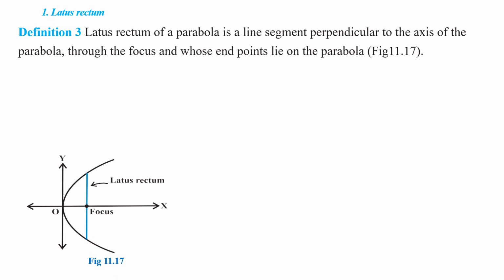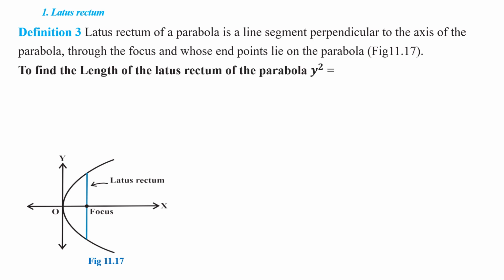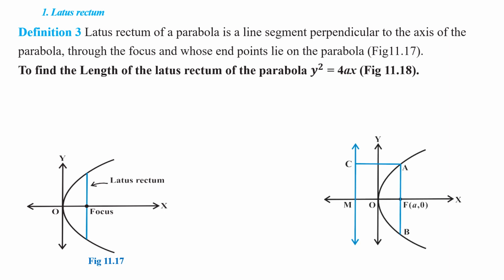Okay, my children, right. To find the length of the latus rectum of the parabola y square is equal to 4ax, observe figure 11.18. Now we are going to find the length of the latus rectum. As we have defined, the latus rectum is a line segment, so we can find its length.